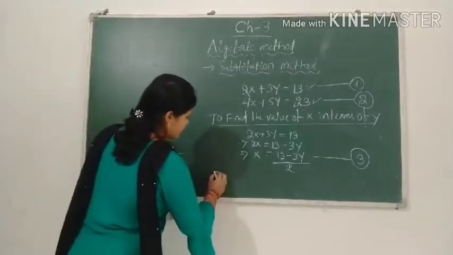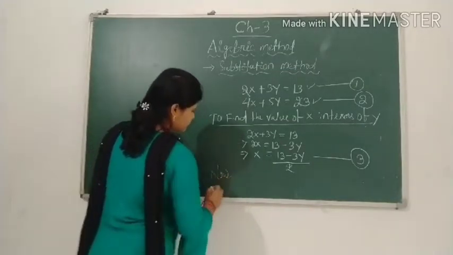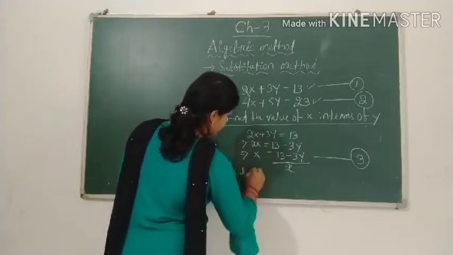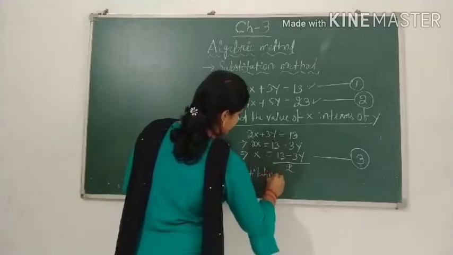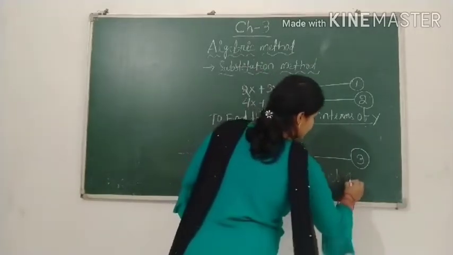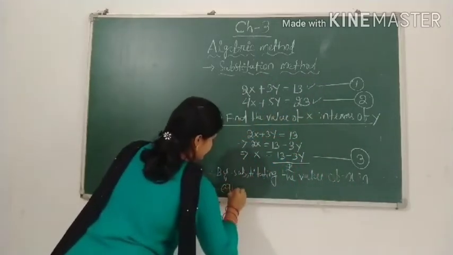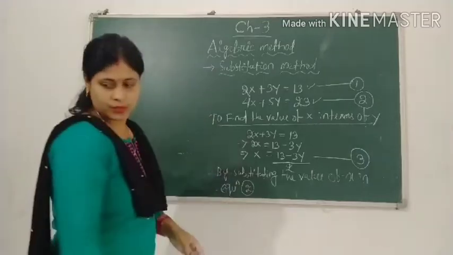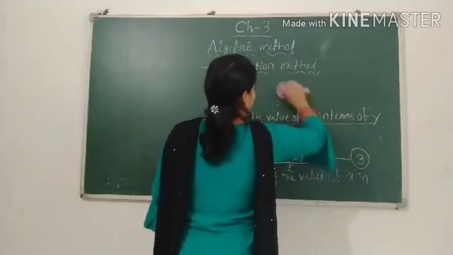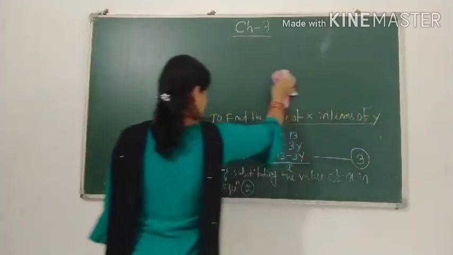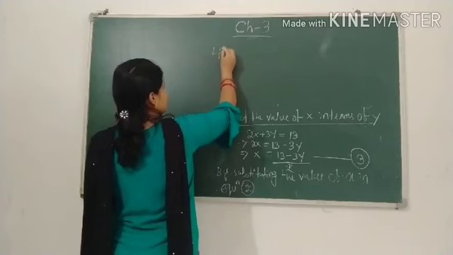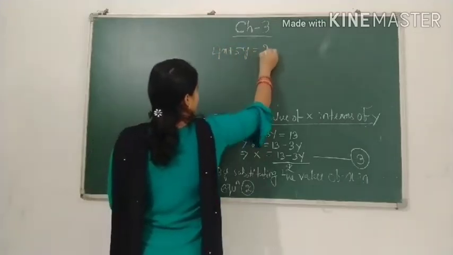So equation 2 is 4x plus 5y is equal to 23.